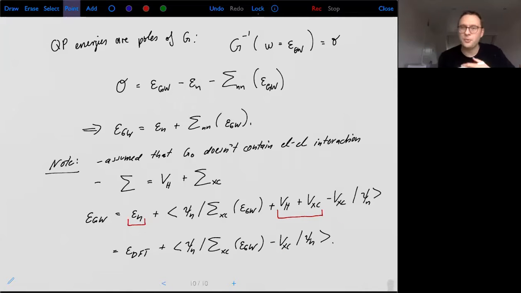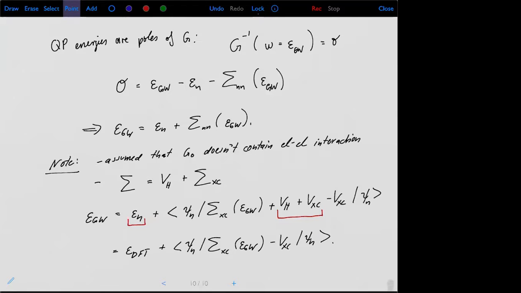All you need to do is, whatever fancy exchange correlation potential you use, you just have to subtract it out and replace it with the description of exchange correlation that GW offers you. So there's nothing complicated you need to do. The only thing that's contained both in DFT and GW is the Hartree, right? So this is why we've separated the self energy into a Hartree contribution and all the rest.